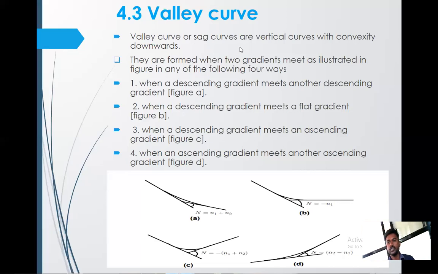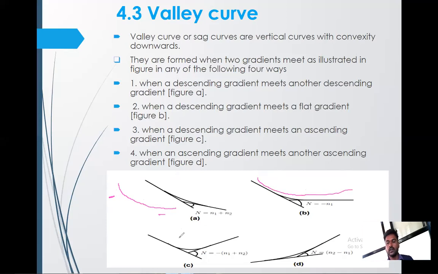What is the first condition? First condition of the valley curve is when a descending gradient meets another descending gradient. See figure number 1. In this figure, the first gradient is descending and the other gradient is also descending. Means first it is negative, second is also negative. When the descending gradient meets a flat gradient, the first gradient is descending and the second gradient is the flat one.